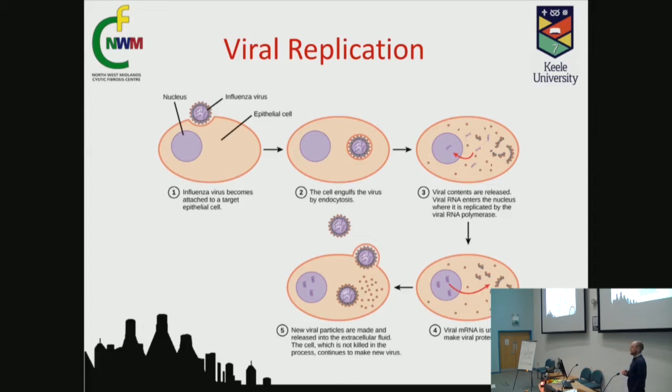The viral contents, so the nucleic acid from within the virus, are released and incorporated into the host cell's nucleus, and it basically makes the host cell produce the viral proteins and then produce the virus. So the virus gets into the host cell and then makes the host cell do all the hard work in terms of the reproduction. And as I said, it can produce hundreds of viruses per hour by doing this.